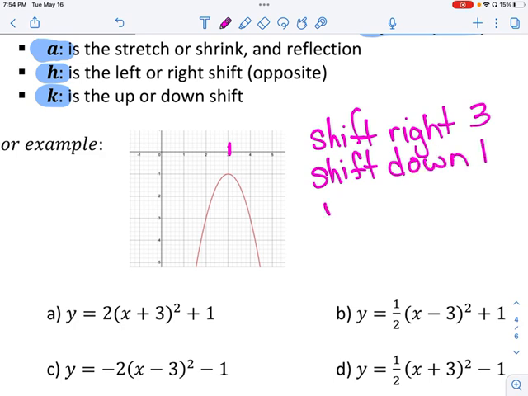It also reflected. And if you notice, if I went right 1, down 1, I'm not hitting that point. So that means there is a stretch there. And the reason it's a stretch and not a shrink is because it is going skinnier, right? It's inside of that, so it's going skinnier of that.